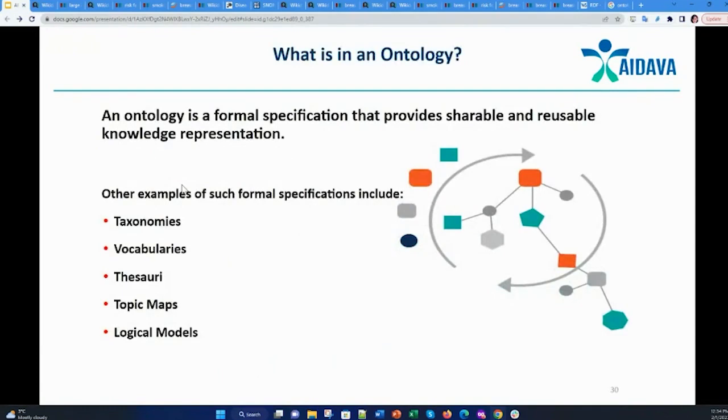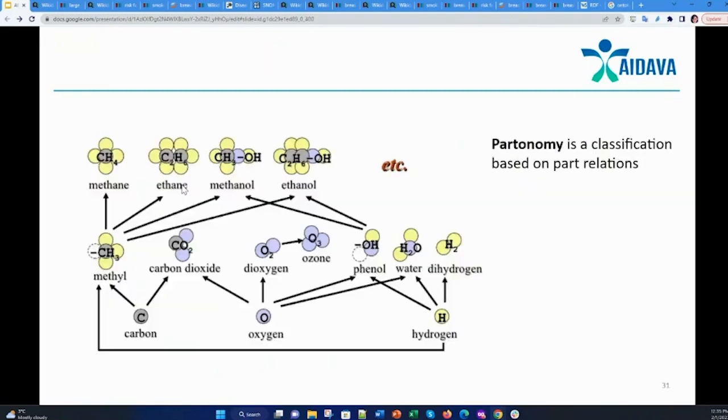We have taxonomies, vocabularies, thesauri, topic maps, logical models, and ontologies on top, which contain a lot of valuable information for the domain, which can allow us to make different types of reasoning and to have some type of generalization of our inferences. We have partonomy. Partonomy is a classification based on parts relations.